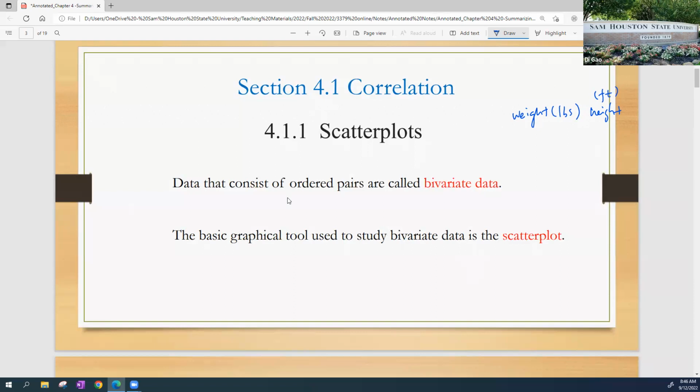For weight, for example, 100 pounds, and then the height 5 feet. 160 pounds, 6 feet. 220 pounds, or 7 feet. And of course, we can have more data in each column.